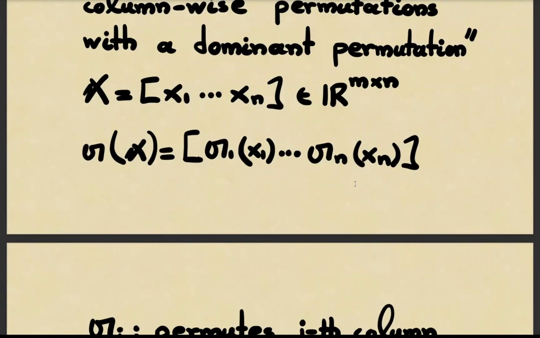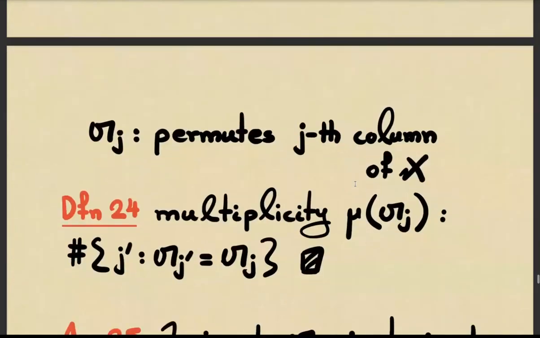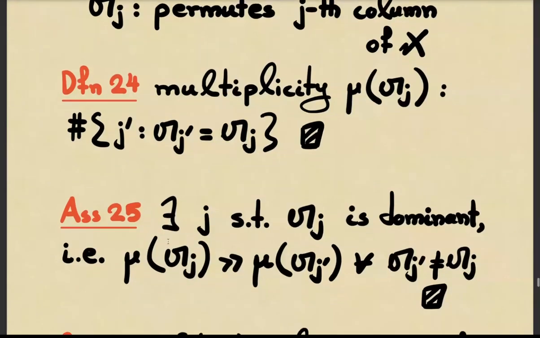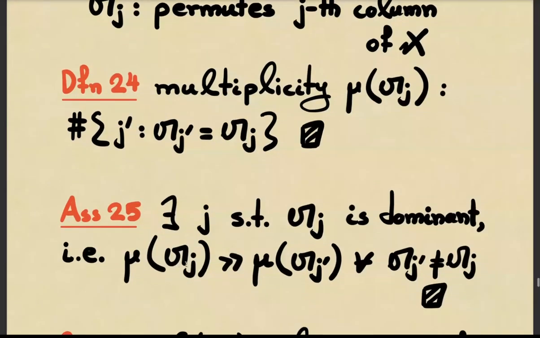So we can count how many times a permutation appears. And this number, we call it the multiplicity of the permutation. So let's assume that there is a permutation which is dominant. So it appears many more times than all other permutations. So the multiplicity of some pi j is much bigger than the multiplicity of pi j prime, for every pi j prime different than pi j.